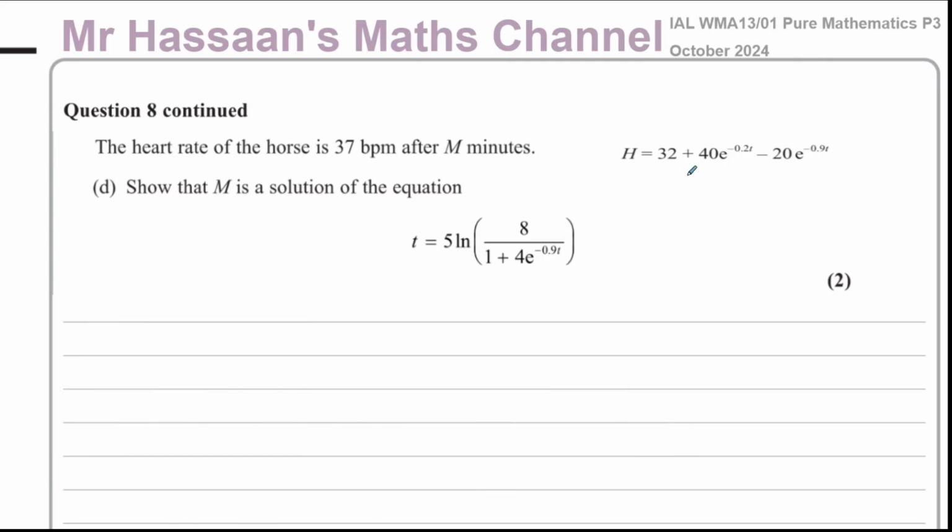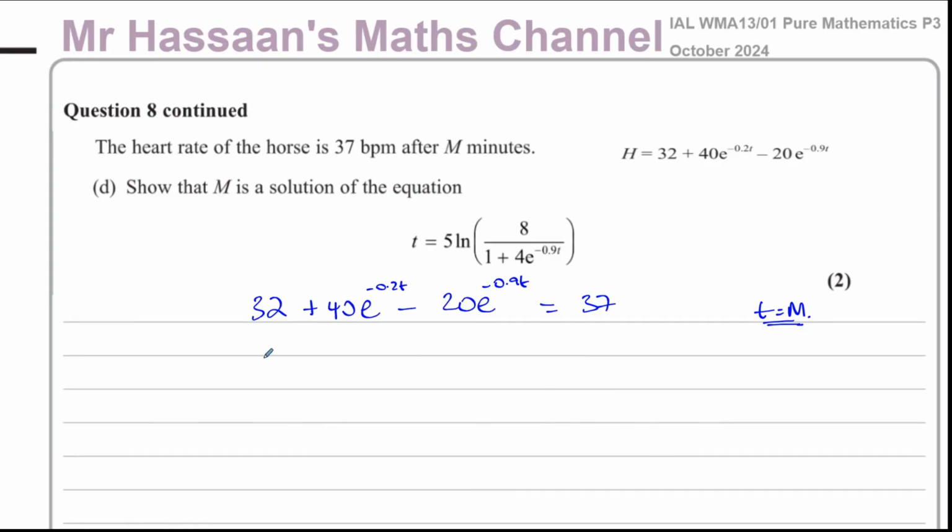So we know that 32 plus 40 times e to the power of negative 0.2t minus 20 times e to the power of negative 0.9t is equal to 37 when t equals capital M. So I'll find the values of t and then decide which one of them, if there's more than one, relates to M.